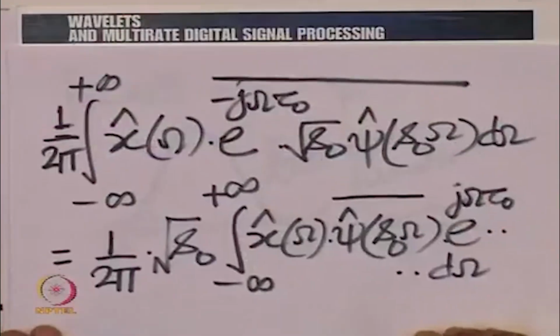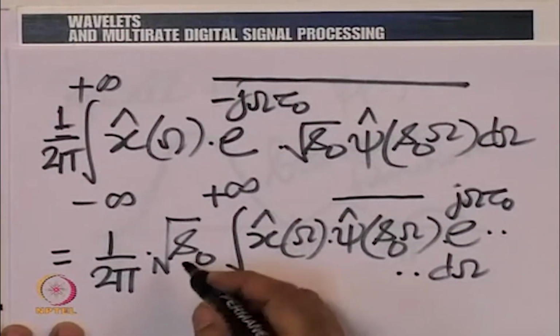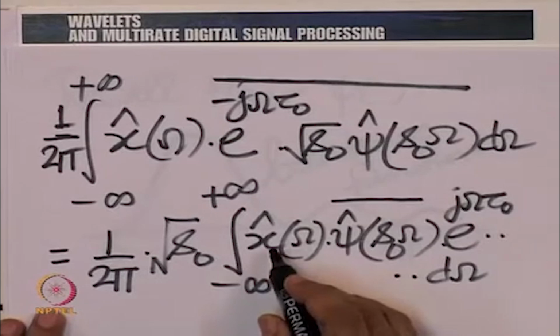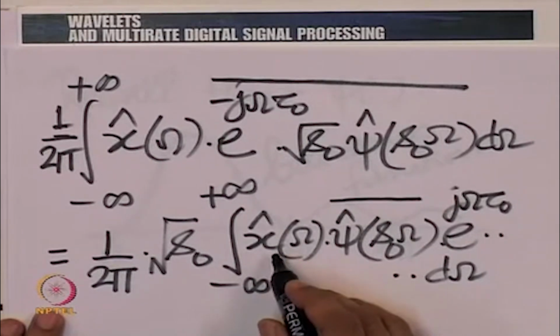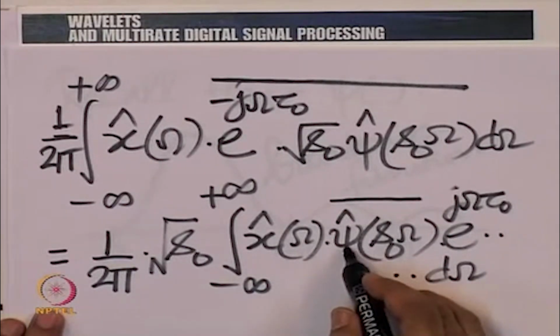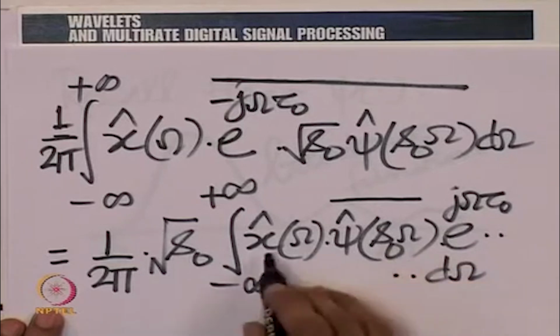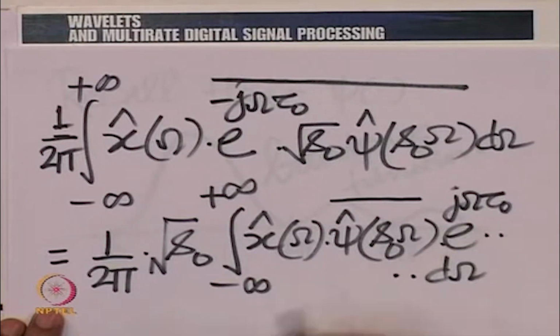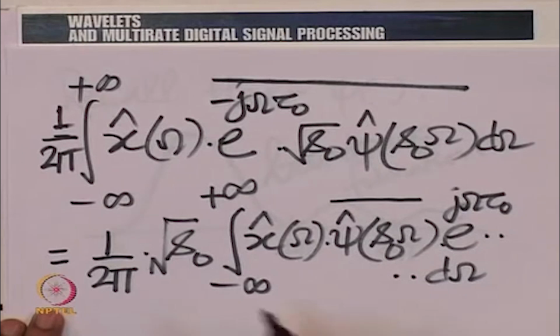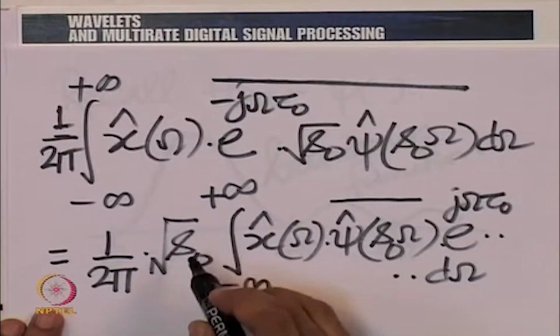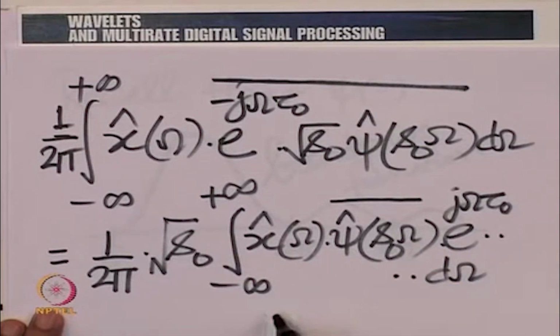So, we see the trend in these so called wavelet functions. They have a band pass character, and if we allow that interpretation, then what we have written here has a beautiful meaning. It means that we are multiplying the Fourier transform of x with a band pass function scaled in the Fourier domain by the factor S naught, and we are calculating the inverse Fourier transform of the same. Of course, this factor of square root of S naught is here to normalize.